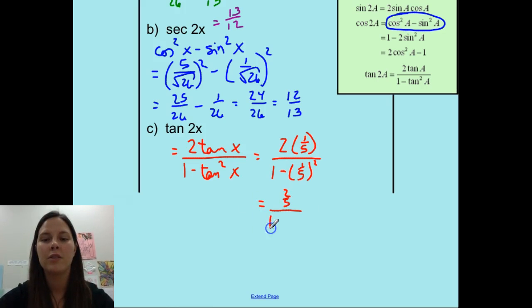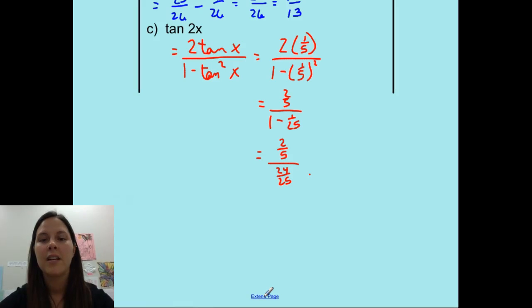In the denominator, we'll square and then we'll subtract. So we have 2/5 all over 24/25. Dividing fractions, we multiply by the reciprocal. So we have 2/5 times 25/24. And then simplifying before we multiply, I'll cancel the 5 into the 25 and the 2 into the 24. So that leaves me with 5/12 for my tangent of 2x.